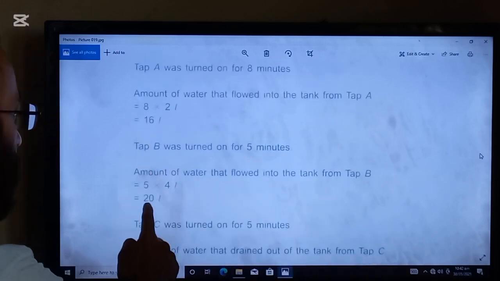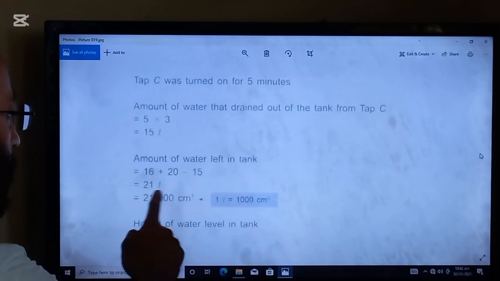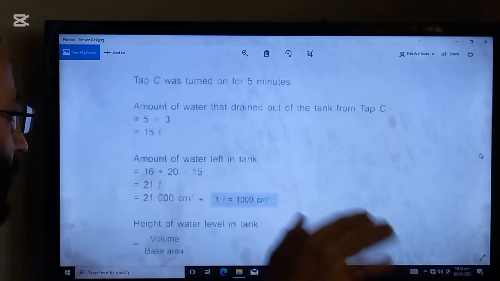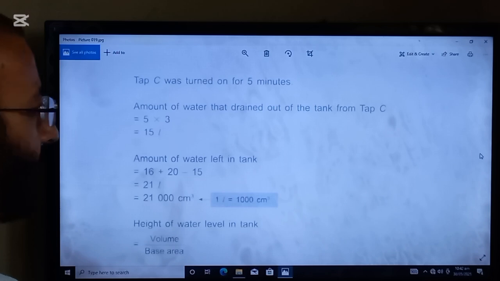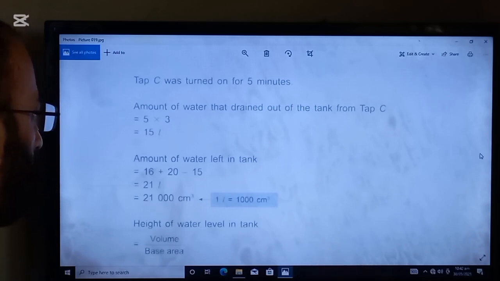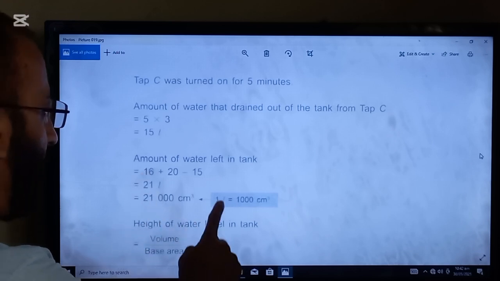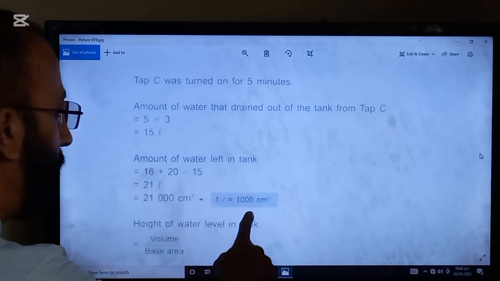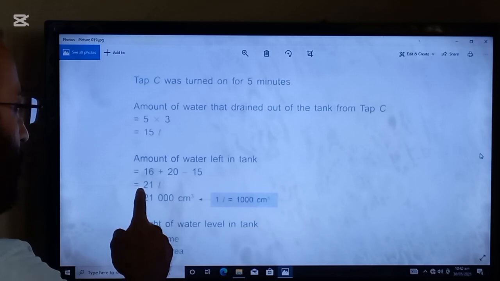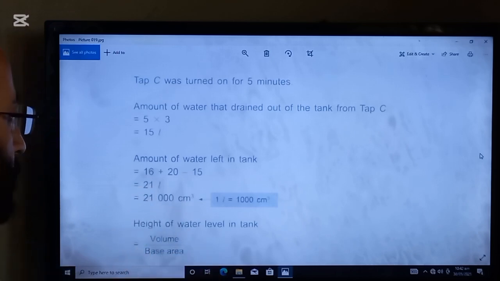So 16 plus 20 minus 15. So this is the water, that is 21 liter, that is actually in the tank at the end when all taps are turned off. Multiply this value with 1000, because in 1 liter we are having 1000 centimeters cube. So 21 multiplied by 1000 will be equal to 21,000 centimeters cube.